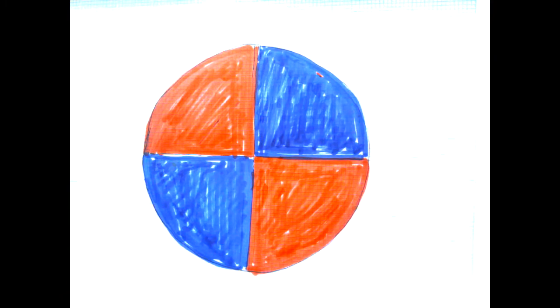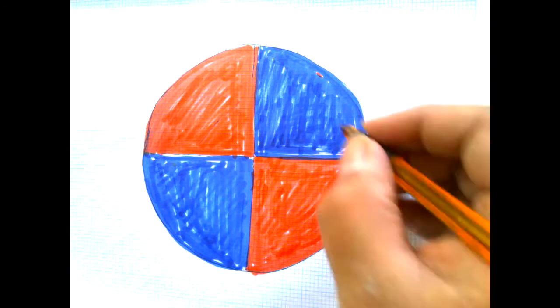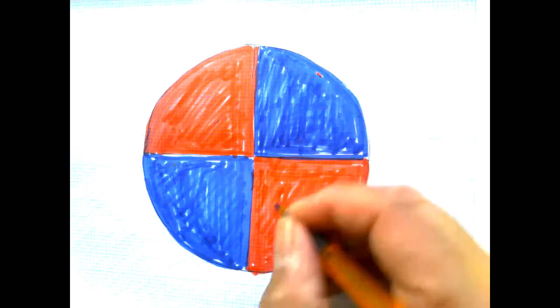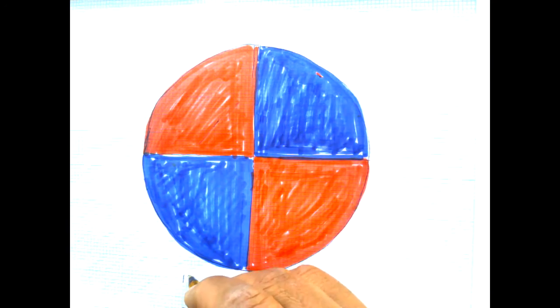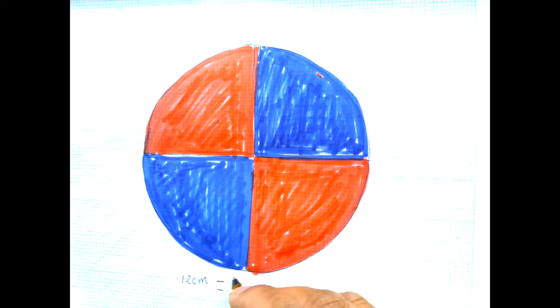Different people would draw a circle with 12 centimeters as its diameter, and some of you are going to divide the circle into different parts. I divide this into 4 parts.